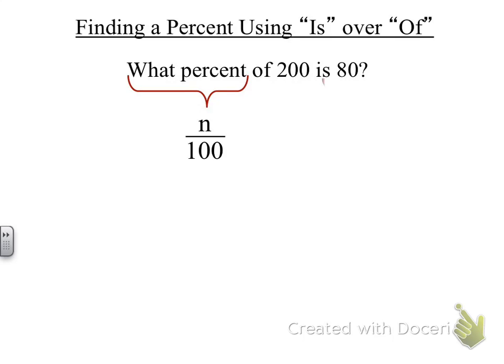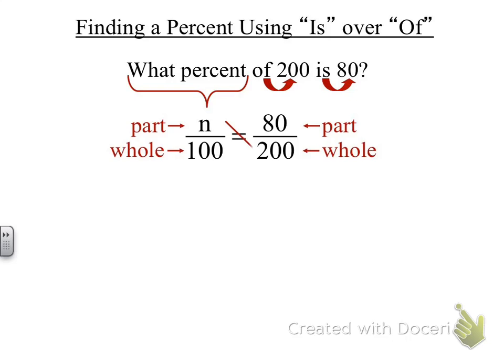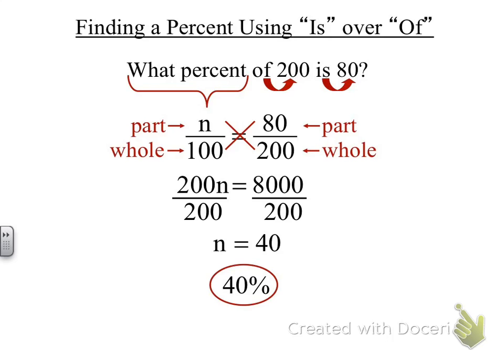Okay, so you can see my PowerPoint set it up a little bit different. Now, the one thing I want you to think about and add is this: when we find the n, that's really what they're saying is the part of the whole. The 40 out of 100 is the part out of the whole pie.